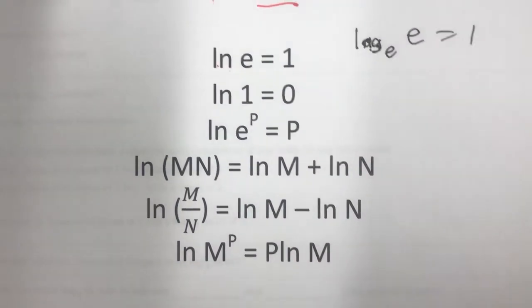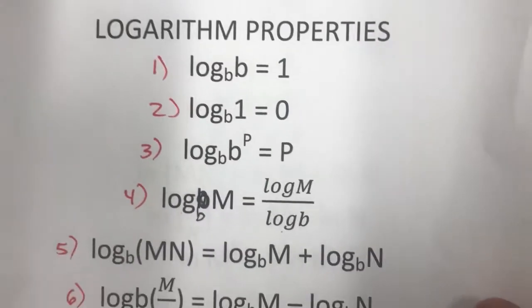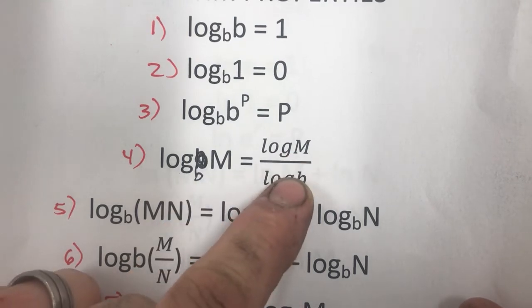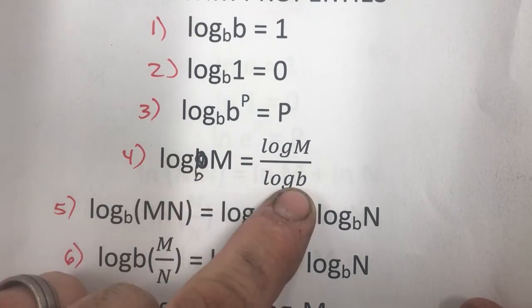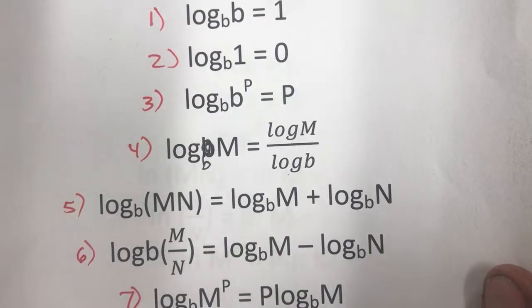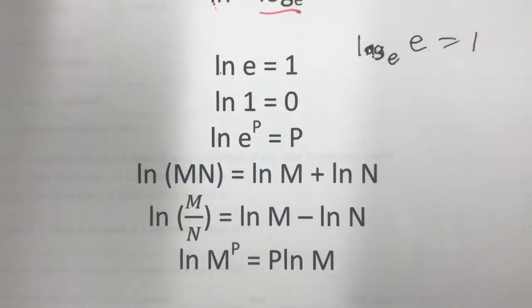And these other ones as well. There's one on here that's not the same, where log base b of m equals log of m divided by log of b. We don't have to do that for natural log because there's just a button on the calculator for natural log. So we don't have to do this division thing.